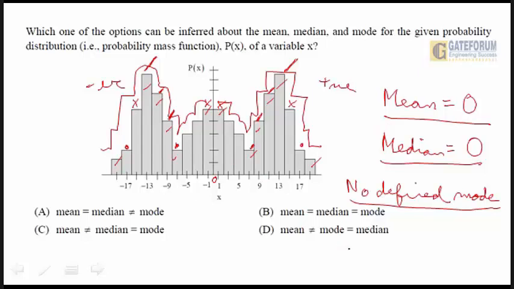Mean is not equal to mode, mode is equal to median. No, of course not. Mean is equal to median is equal to mode. No, of course not. Mode is undefined. Mean is not equal to median. No, of course not. Mean is equal to median is not equal to mode. Aha, this is the one. Right? So this is how we get it.